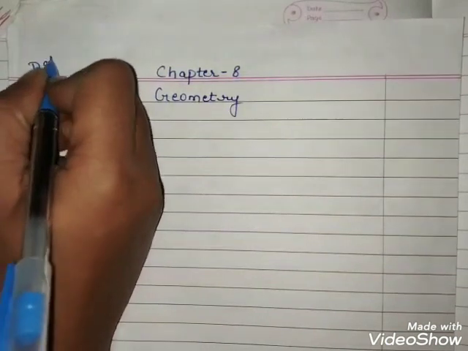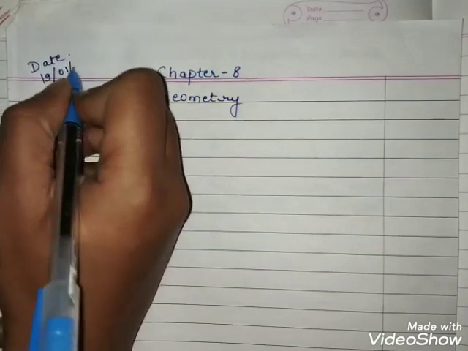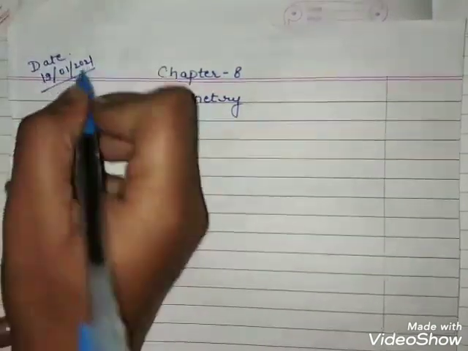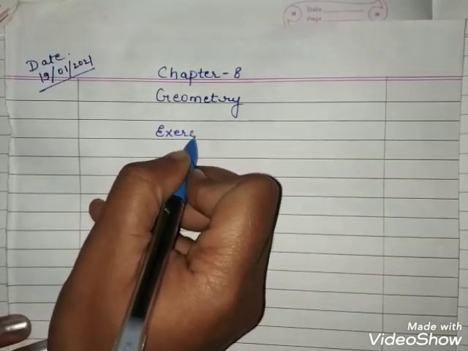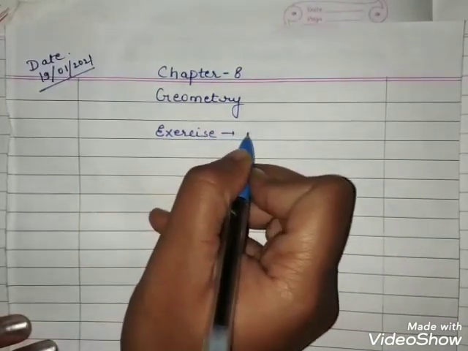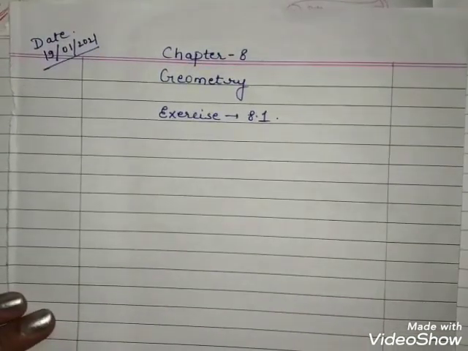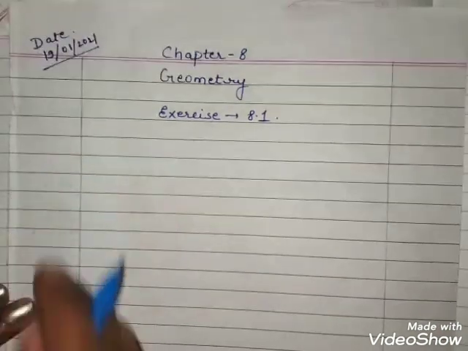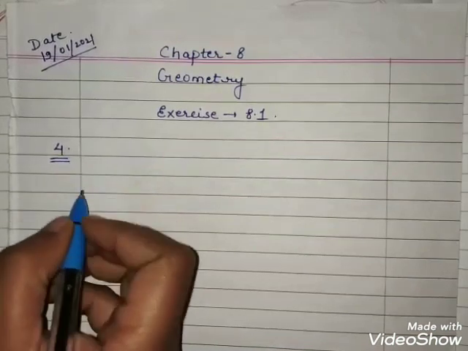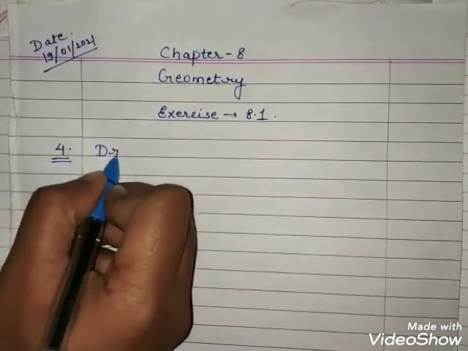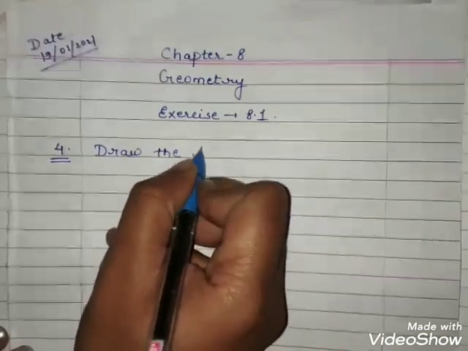At the left side we can write 19th of January 2021, and here we are starting the exercise, that is exercise number 8.1. Here we can see the question was question number 4, that is draw the line segment with this length.